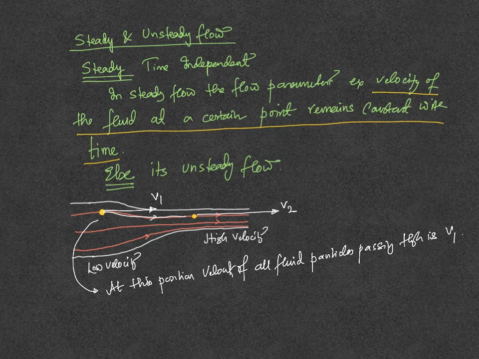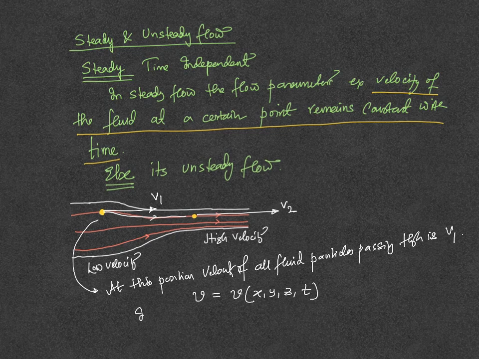Got the point? Velocity of all particles passing through that point is v1. Or you can say that suppose v is a function of what? If you say the coordinates x, y, z and t time, right?